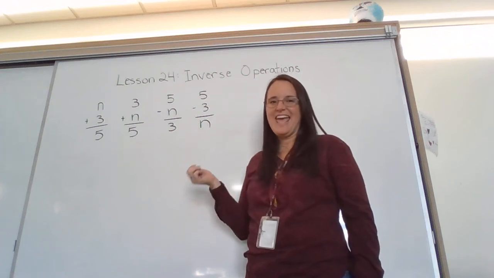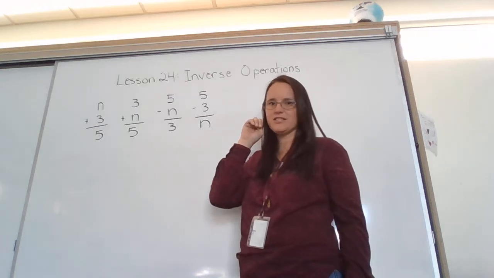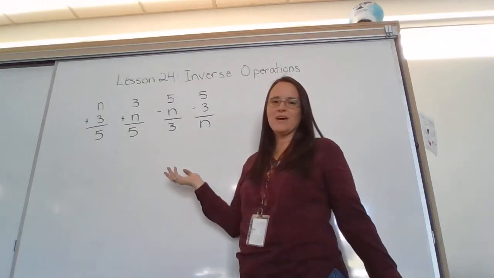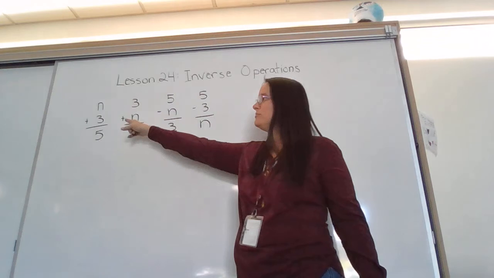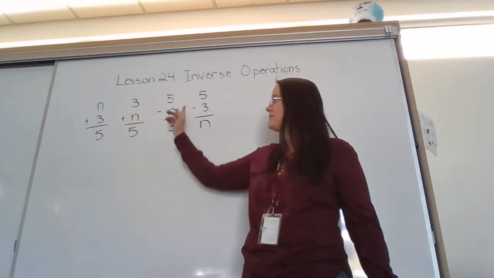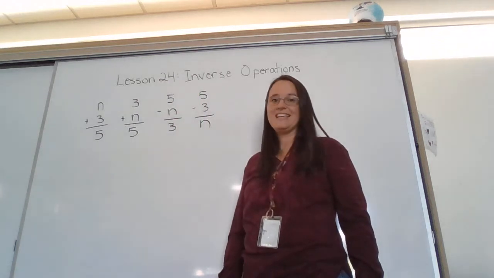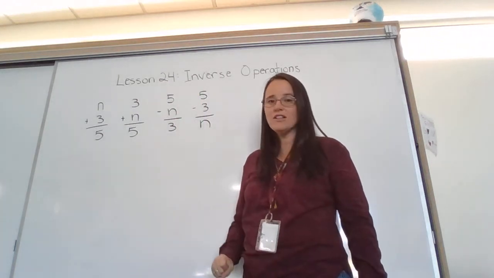So what does n have to be? I can hear you probably at home telling me to the screen, n is 2, n is 2. I know that 2 plus 3 is 5, 3 plus 2 is 5, 5 minus 2 is 3, and 5 minus 3 is n. Yes, you do know all of that.